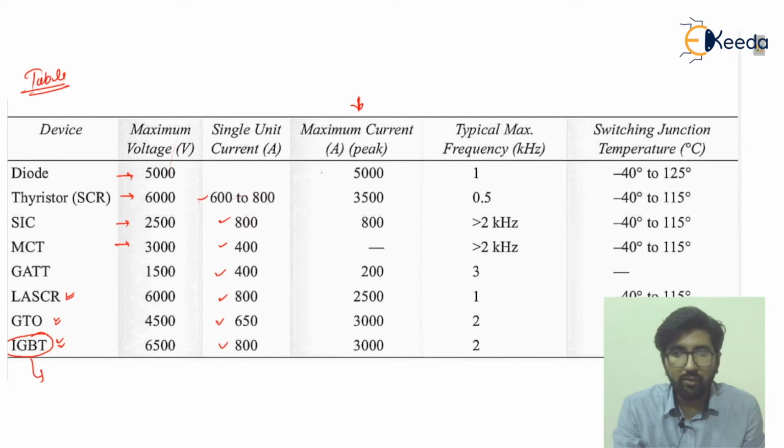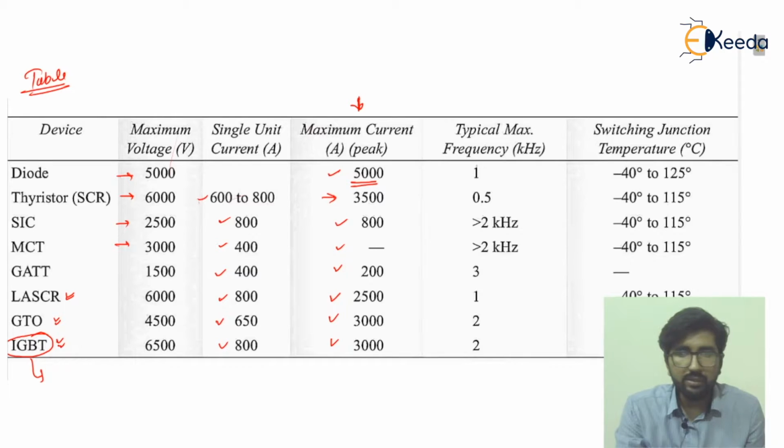For the diode it is 5000, for the thyristor it is 3500, for SiC 800, and for GTO 3000. So the maximum current that can be handled by a device is for the diode.